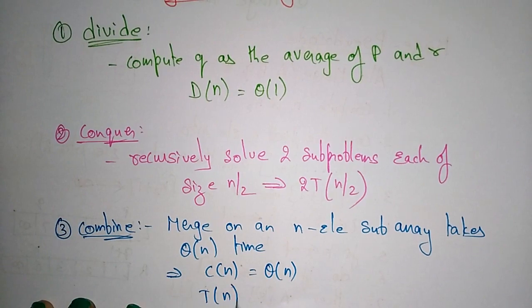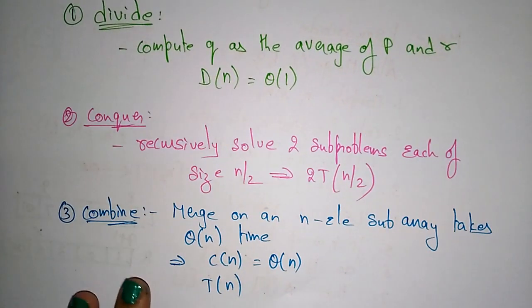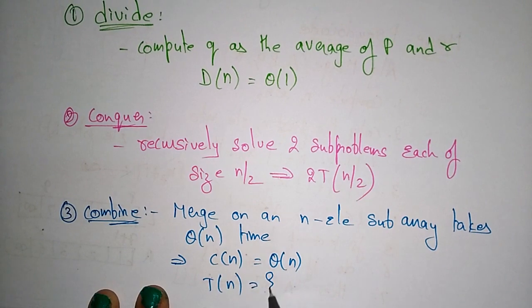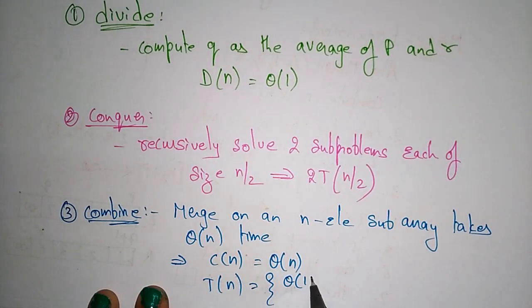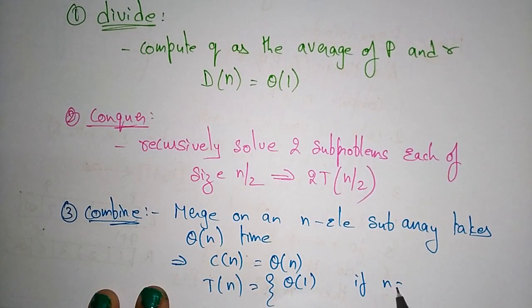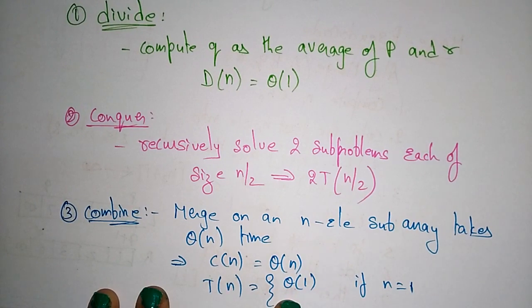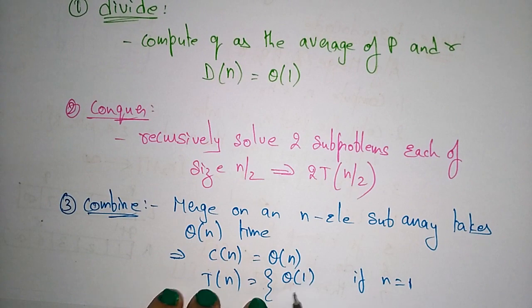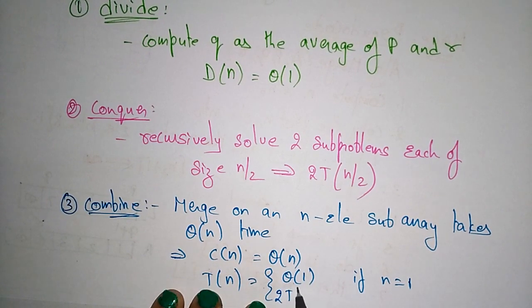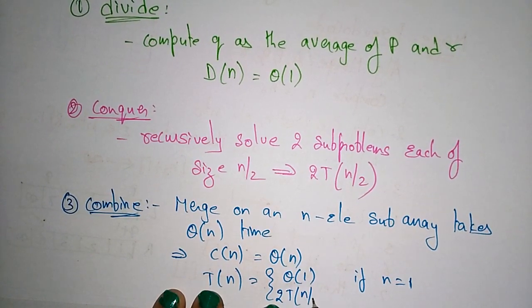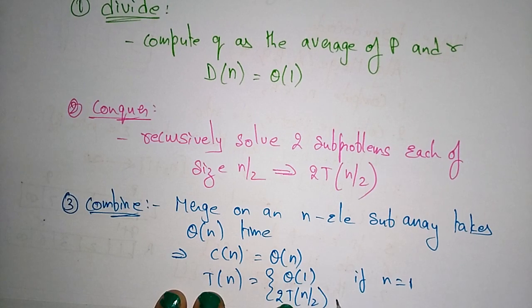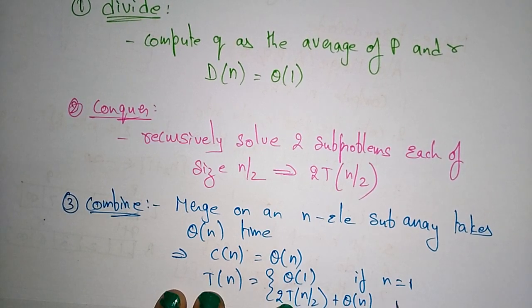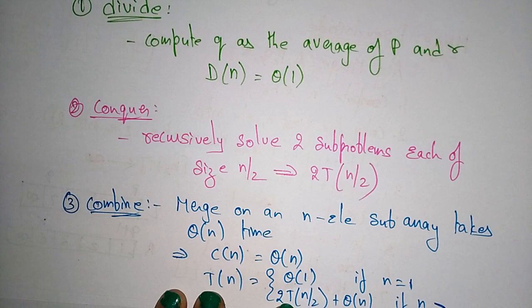The running time is T of n equals theta of 1 if n equals 1.